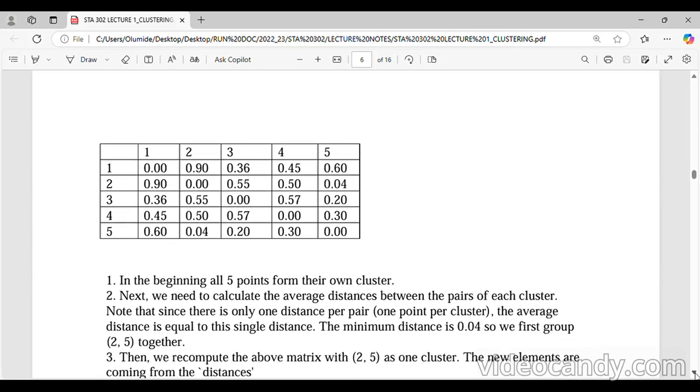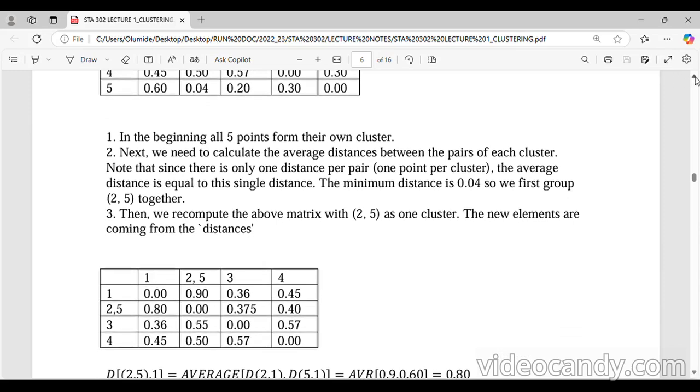Now we can see that in the beginning all 5 points form their own cluster. These are 5 clusters, so we need to group them into a more manageable number of clusters. Next we need to calculate the average distance between the pairs of each cluster.